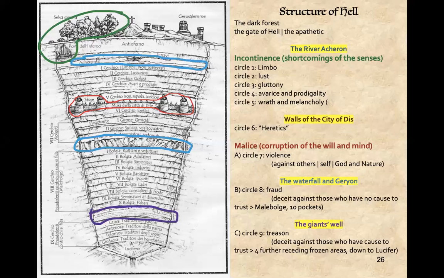So on the upper part of hell, we have shortcomings of the senses, incontinence. But beyond the walls of the city of Dis, the problem is malice, or in other words, corruption of the will and of the mind. And the first circle is that of violence.